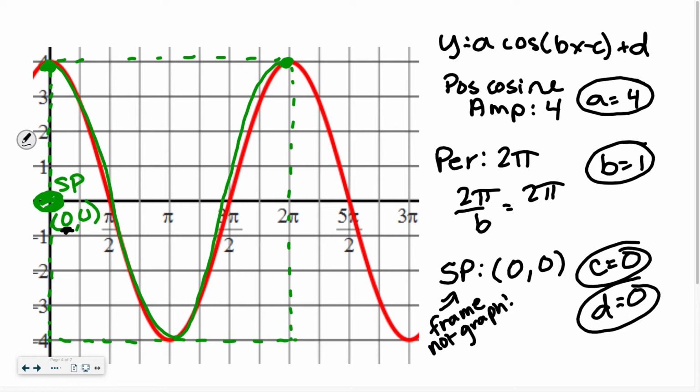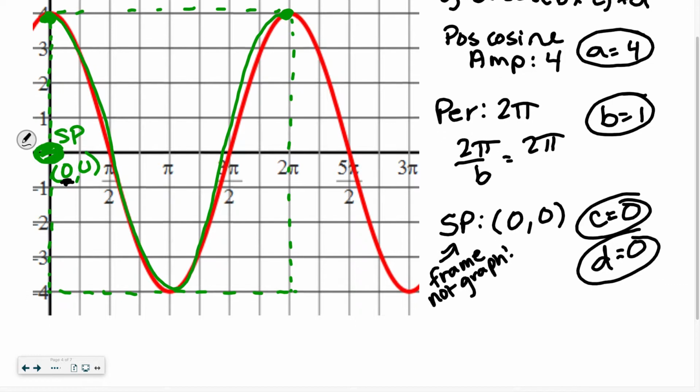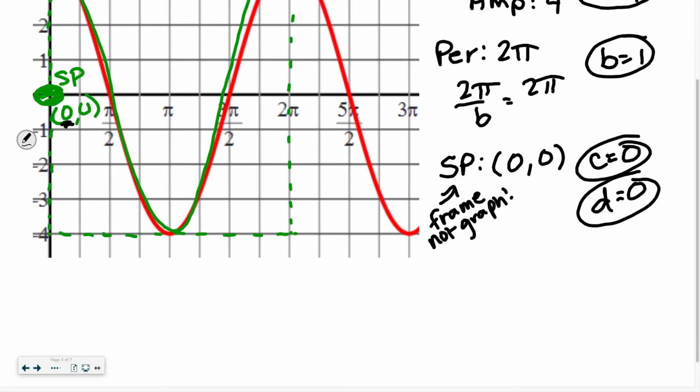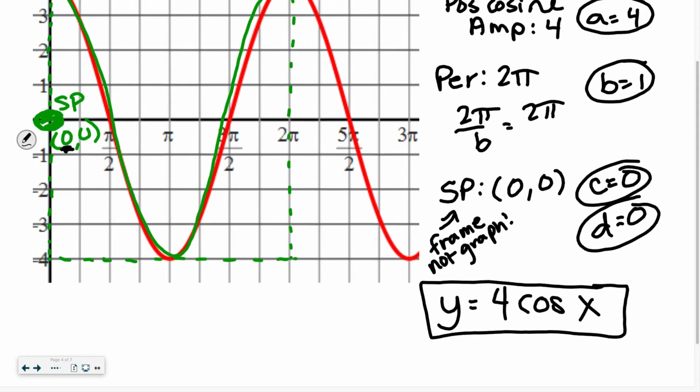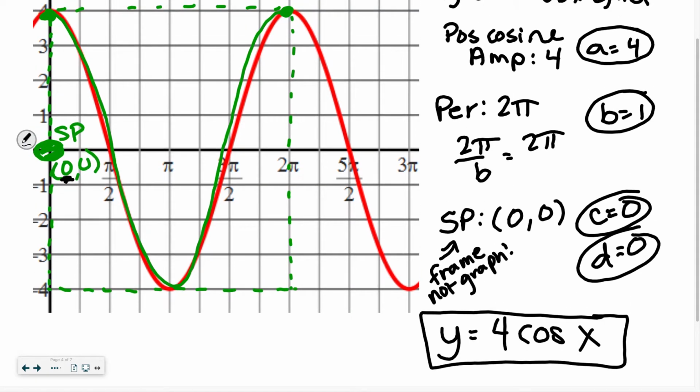Okay, so if I put all those things together, then my equation is just y equals 4 cosine x. So, when you compare that to the parent graph that we put in our notes last Friday and saw again yesterday, the only transformation to that graph is that it's been stretched by 4 vertically.